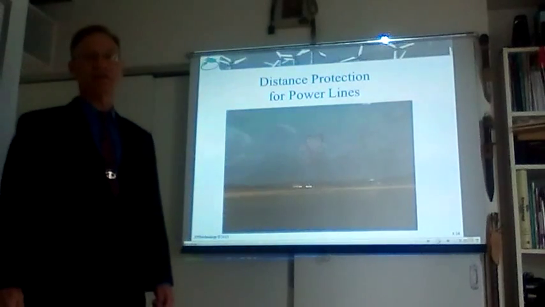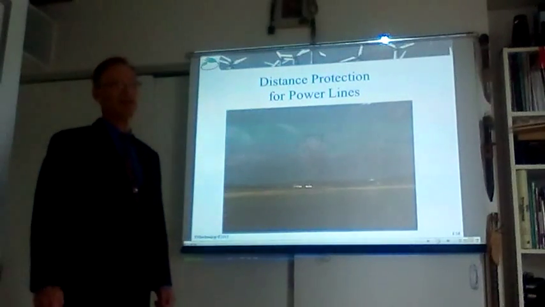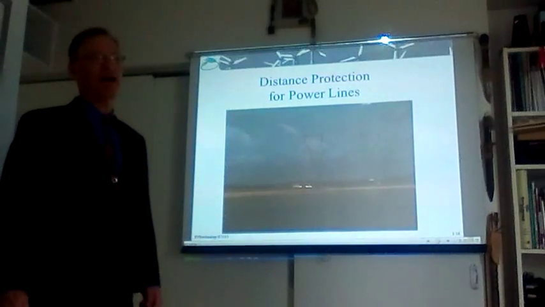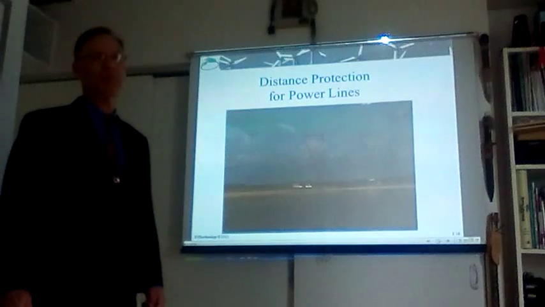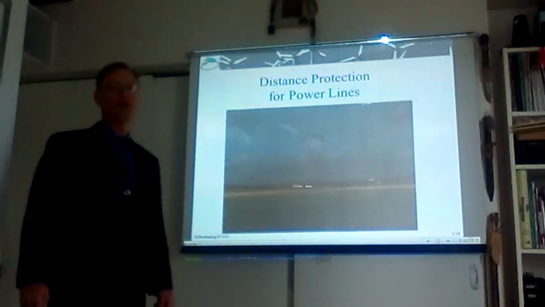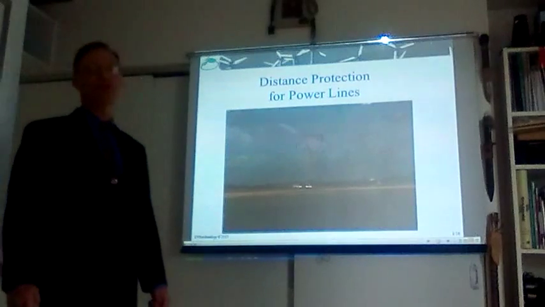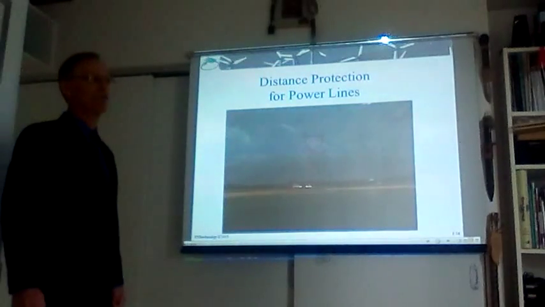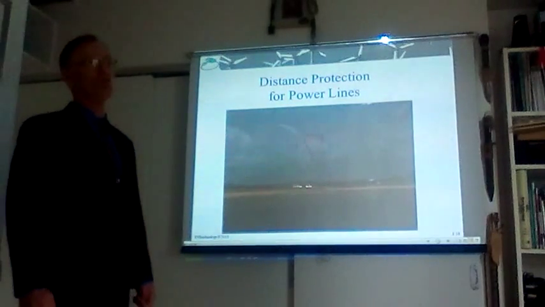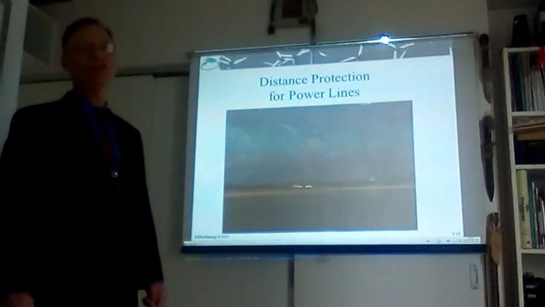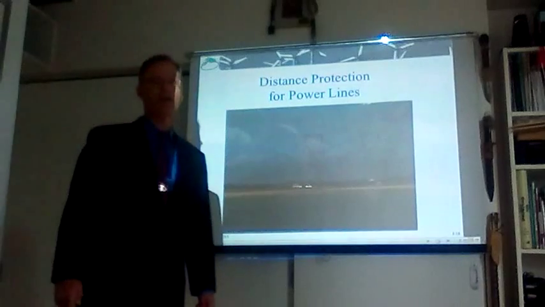Transmission lines are different from utility distribution lines in that transmission lines in many cases are in parallel, as opposed to distribution, which is just rarely in parallel. And we would like to protect those lines in two different ways.